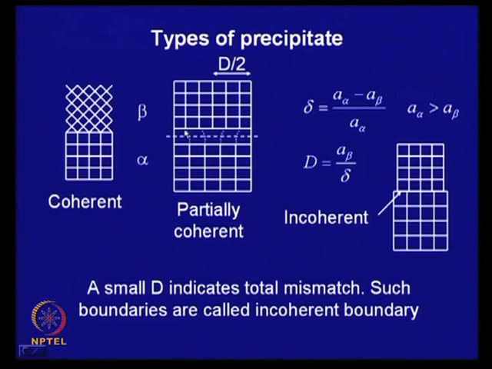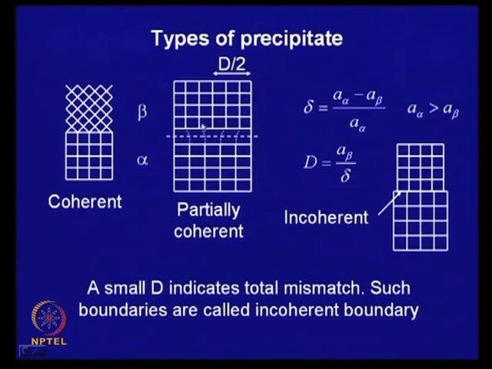So, therefore, they are a little distorted. This is the lattice, that line which is shown, the lattice strain, and here you can imagine there is an extra plane of atoms, which represents a dislocation. That means the interface between these two phases is made up of a number of edge dislocations.